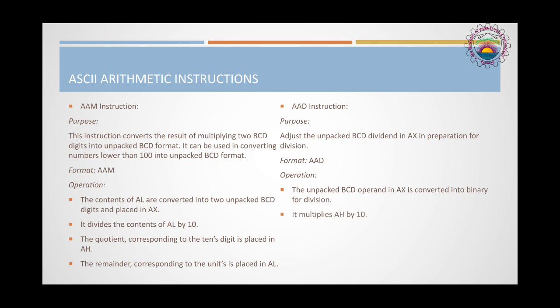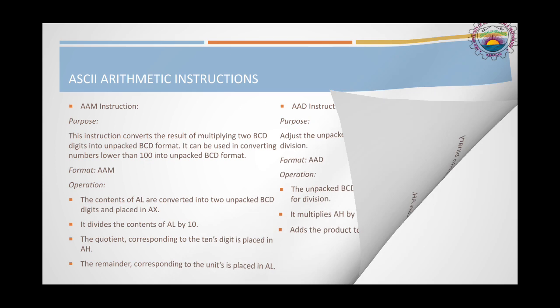The unpacked BCD operand present within AX is converted into hexadecimal or binary. AH will be multiplied by 10 and then the value will be added with AL, and AH will be cleared after that addition. An example is coming in this lecture for explaining the AAD operation.